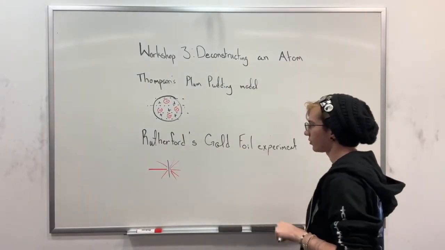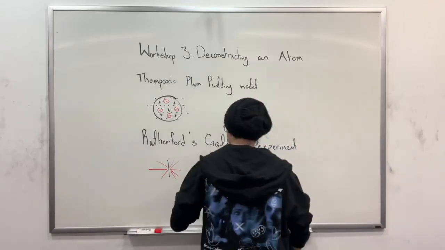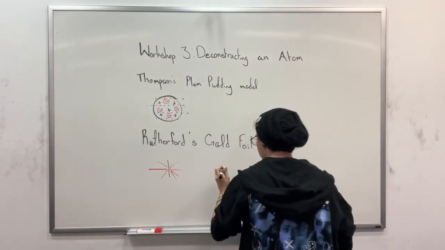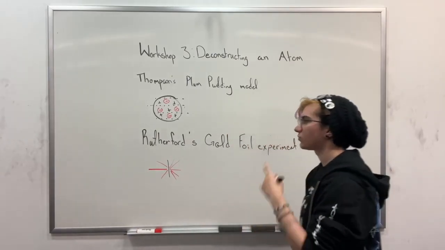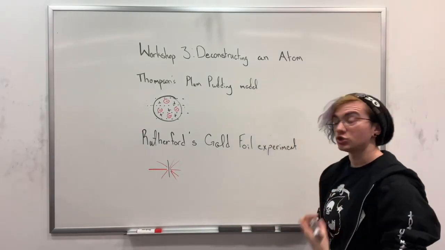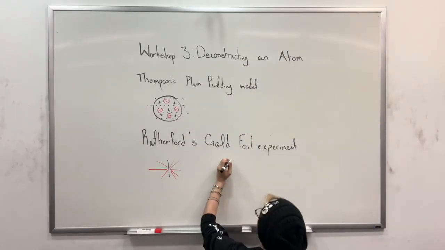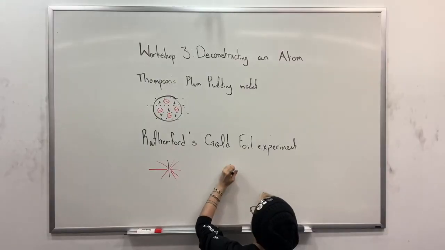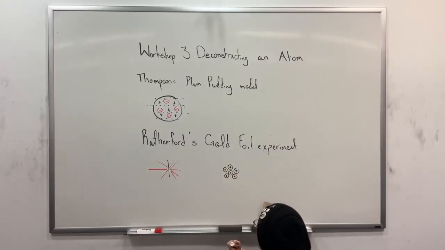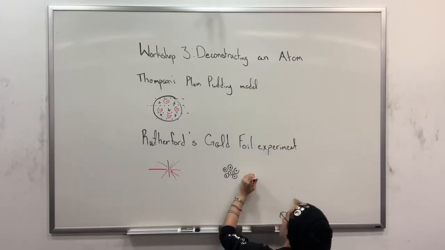And so what Rutherford proposed instead, which is now how we view the atom, is that atoms themselves are a positively charged nucleus. All of your positive parts of the atom are tightly bound together in one central nucleus. And surrounding said positive nucleus are the actual electrons.